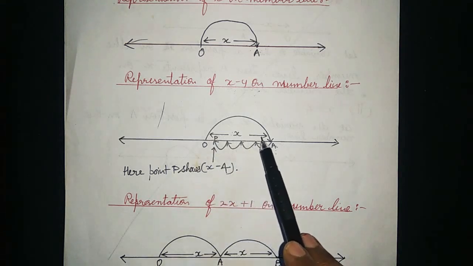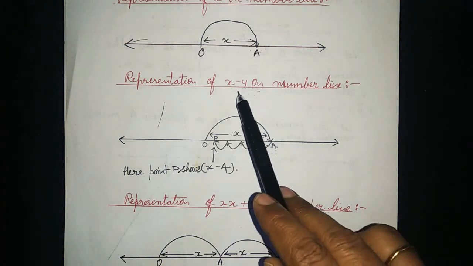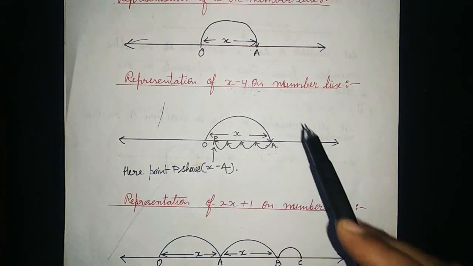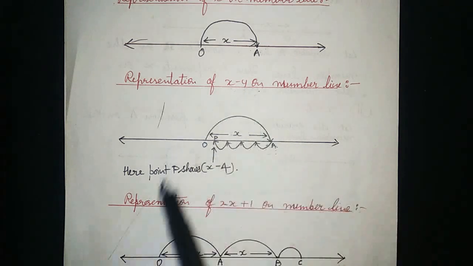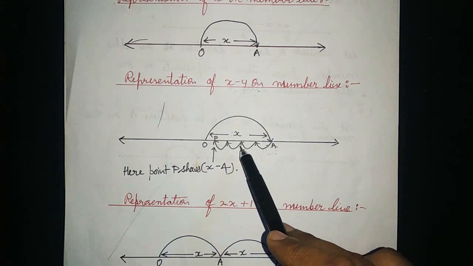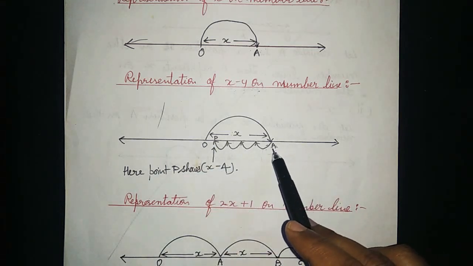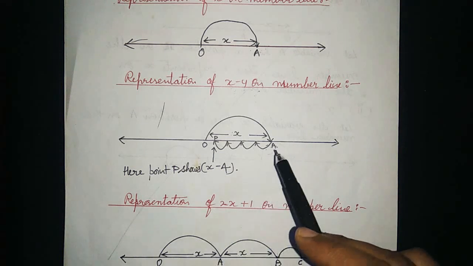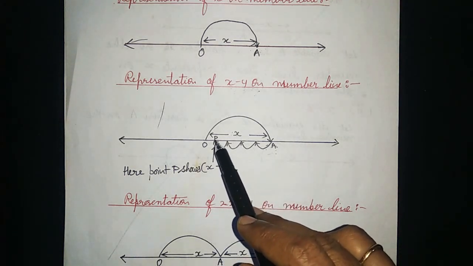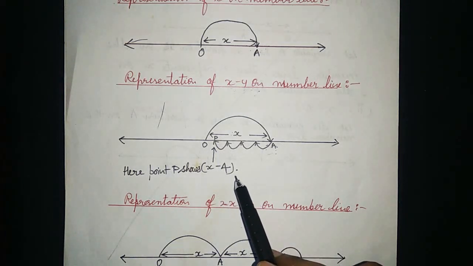Here position of x is A and here minus 4 is a constant number and as it is negative, so you have to move 4 units to the left of this position A. Then you will reach at the point P and this point P shows x minus 4.